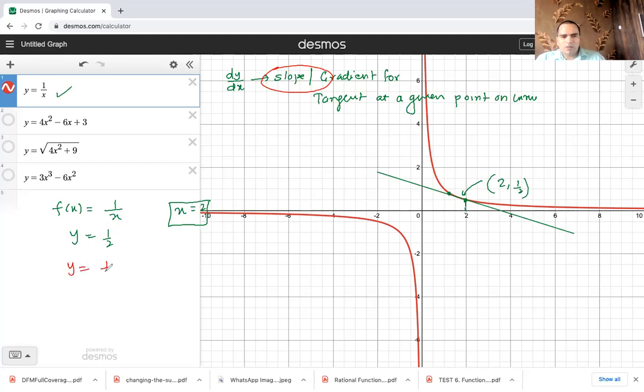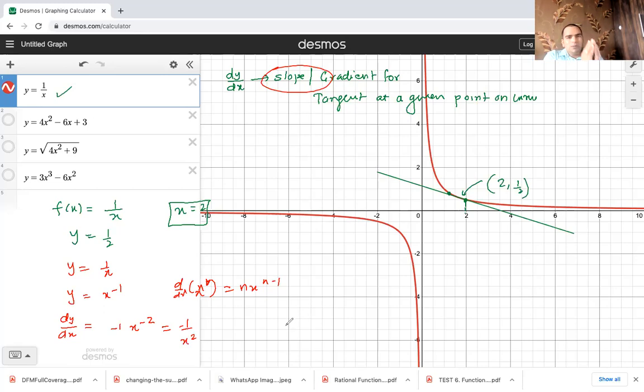If y is 1 over x, I'm just going to modify it a little bit to x to the power minus 1. Then dy by dx is going to be negative 1, x to the power negative 2. The formula for x to the power n, as we know, is n x to the power n minus 1. So here my derivative formula, or slope formula, is negative 1 over x squared.